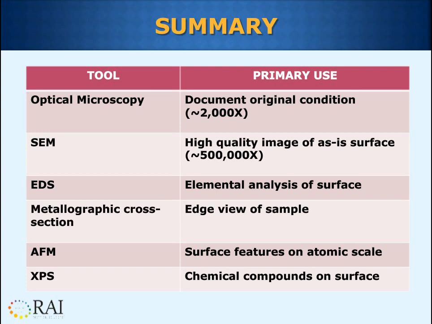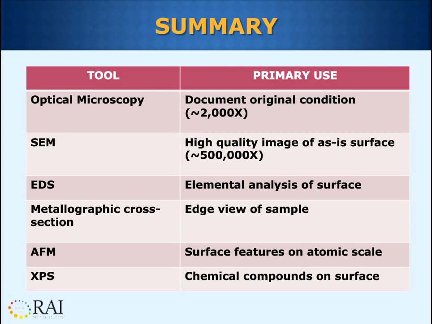The scanning electron microscope, or SEM, gives me high quality images of as-is surfaces, and I can go up typically to about 500,000 magnification. EDS, or energy dispersive X-ray analysis, gives me elemental analysis of the surface.